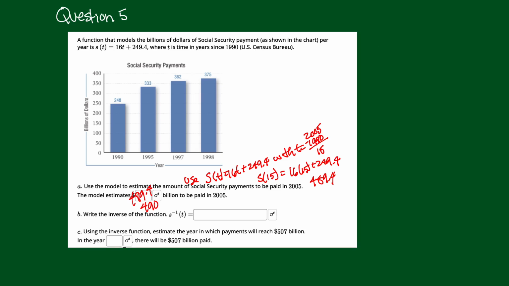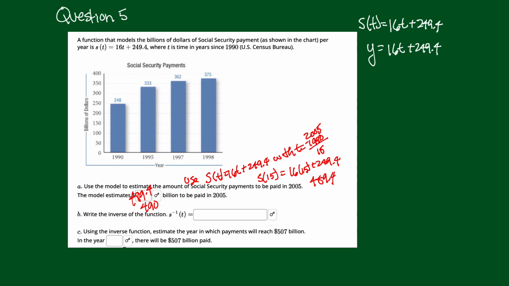Now part B, let's get the inverse of this function. So here's our function. S of t is equal to 16t plus 249.4. Now I'm going to replace s of t with y just for convenience. Y is equal to 16t plus 249.4.